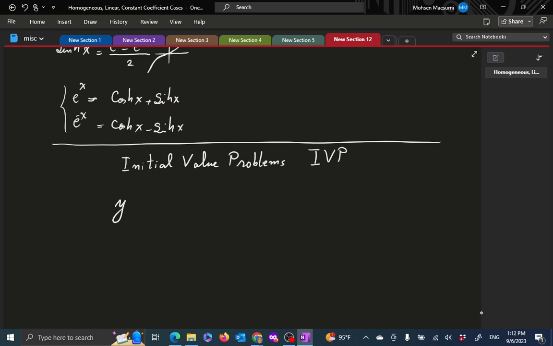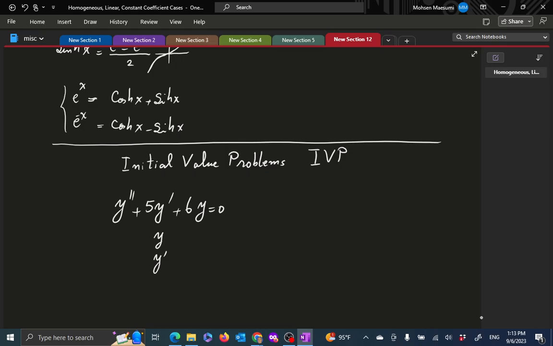So if I have my equation, let's write an equation like the one we started with. A differential equation has as many initial values as you have derivatives in it. So for example, you can have y and y prime designated.